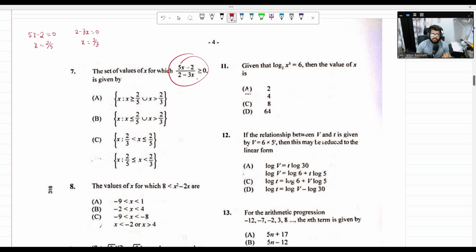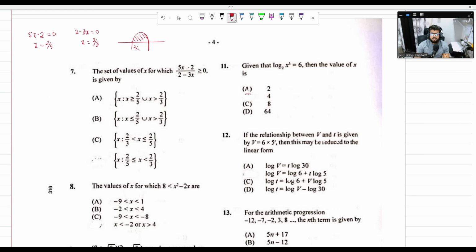Now this quadratic is going to be a negative x squared, because we have the 5x, and when I multiply by the square of the denominator, multiply by minus 3x, I'm going to get this shape here. And we want to know whether that is greater than 0. It's greater than 0 over here. Now which one of these is bigger? Is 2/5 bigger than 2/3? No, 2/5 is smaller.